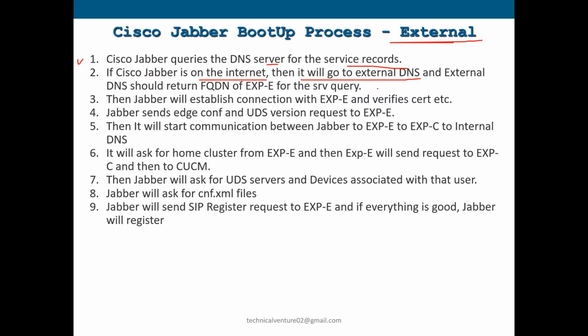Now, in this external case, Jabber will go to the external DNS first, and the external DNS should return the FQDN, fully qualified domain name, of Expressway E for the SRV query.